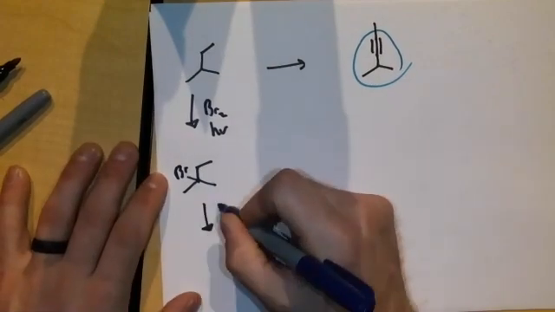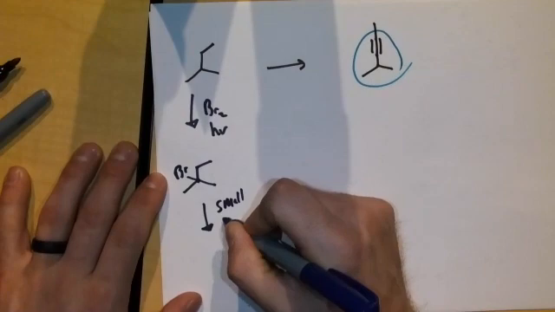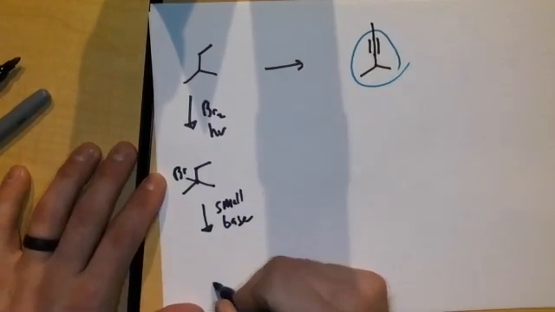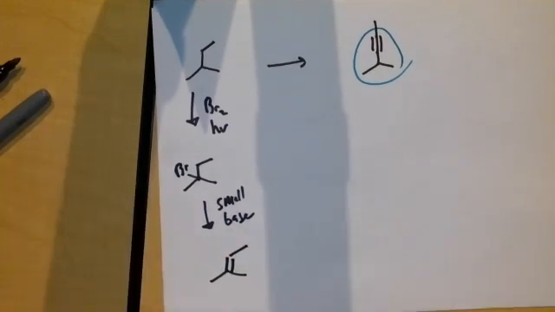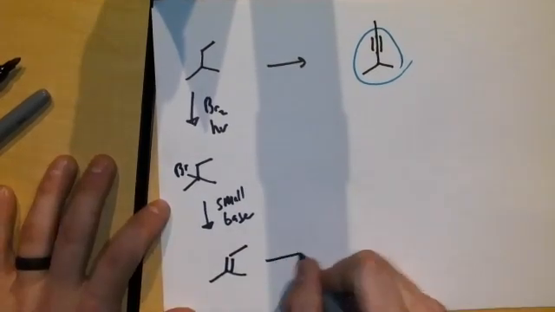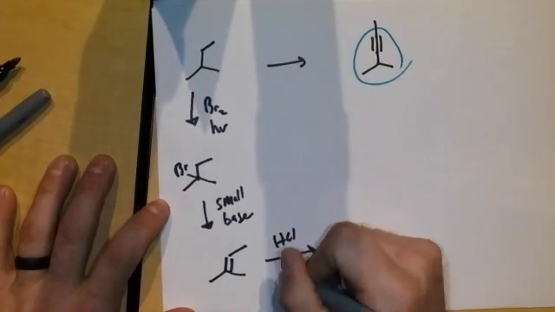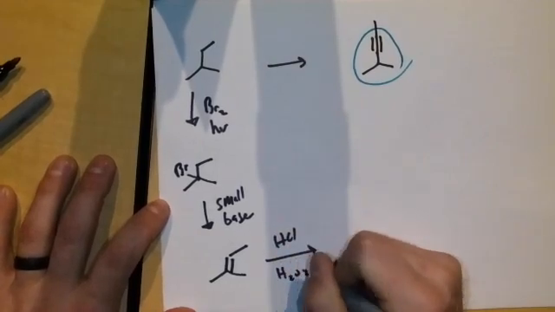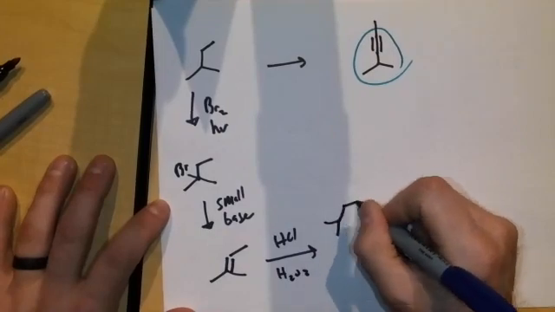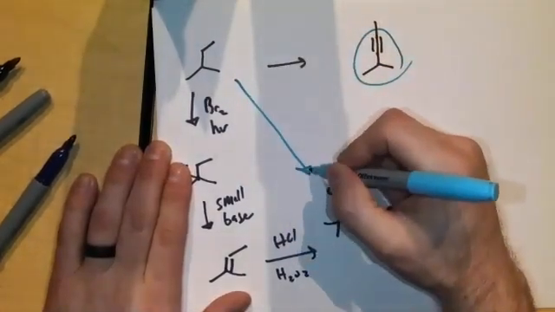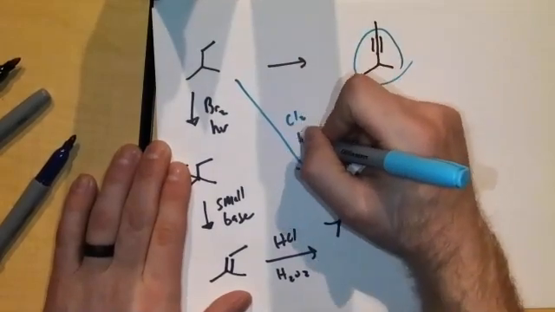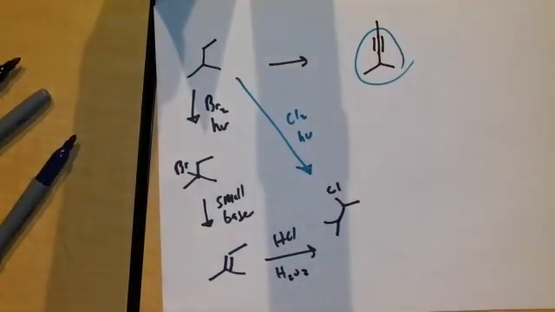If we add in a small base, we could make a double bond, and then throwing in HCl, peroxide, gets us to this Cl on a secondary position. We also could have just thrown in Cl2 and light. This would have done the exact same thing here.